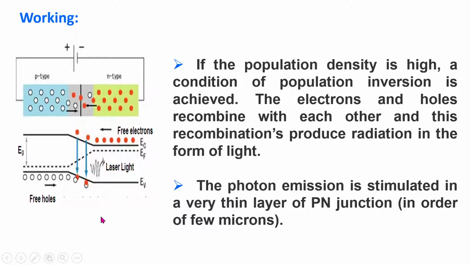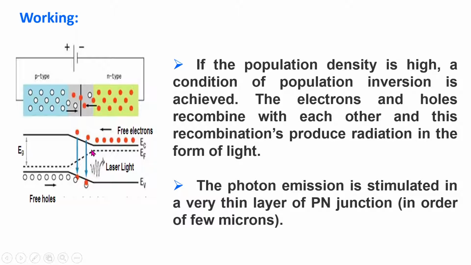So across the conduction band and the valence band, there is the formation of population inversion, and during the recombination of the electrons and the holes in a material such as gallium arsenide, it emits photons, and these photons emit the laser light. So the photon emission is stimulated in a very thin layer of the PN junction, which is a few microns.